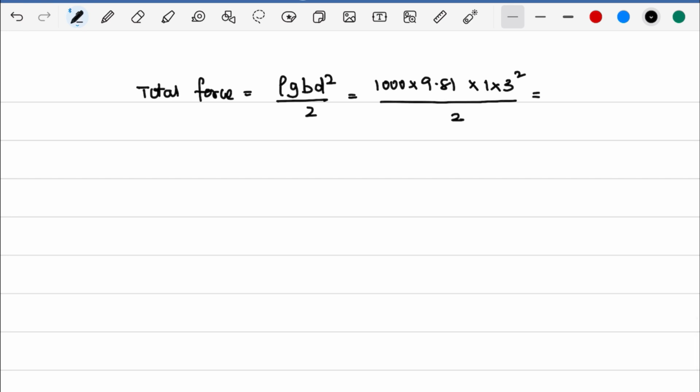That is coming to 44145 newtons, that is equal to 44.145 kilonewtons. This is the answer. Total force acting on the rectangle.